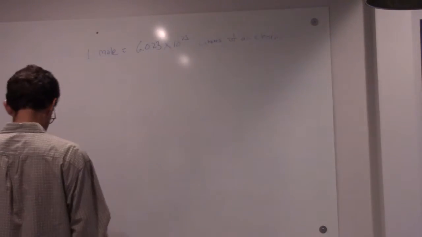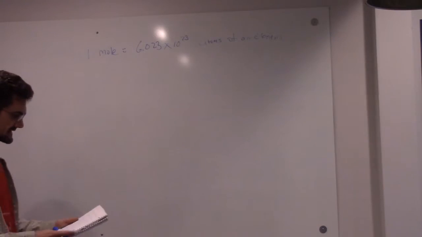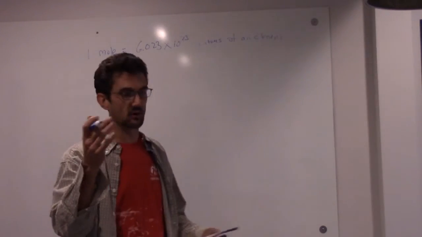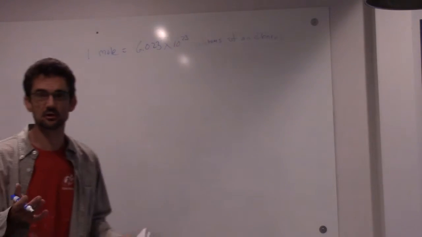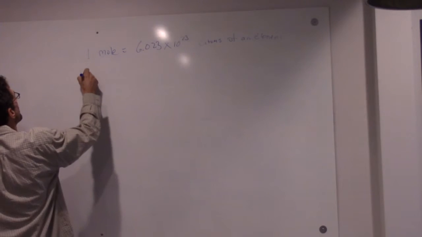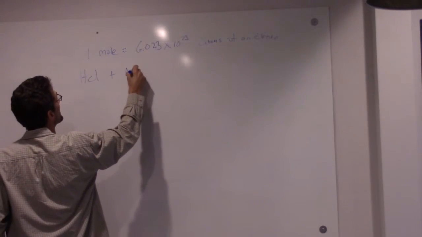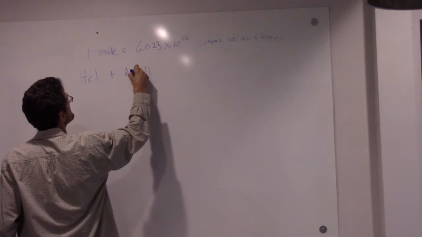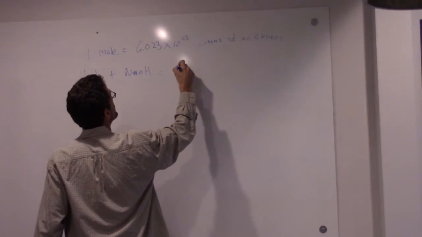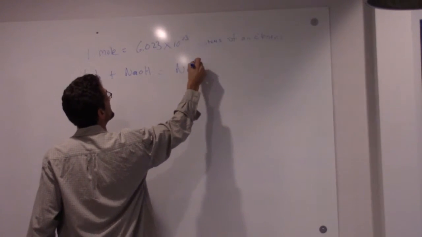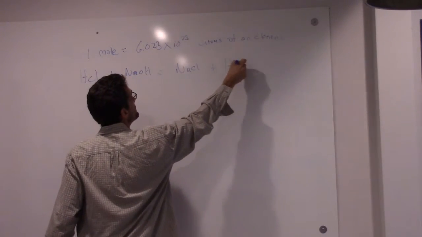Since you're so curious, let's just take a mole of sodium chloride. That acid neutralization reaction we just did, where we had hydrochloric acid plus sodium hydroxide going to sodium chloride plus H2O.